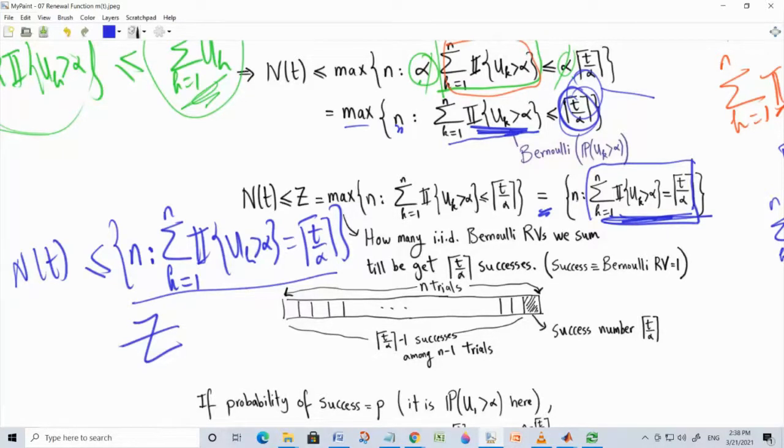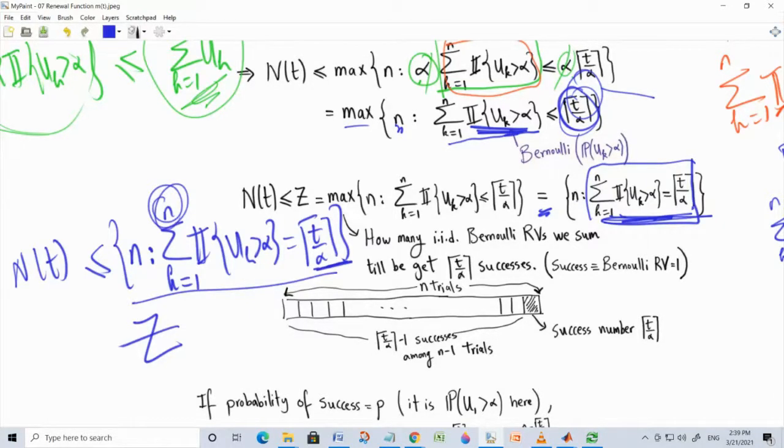Think of it like this. You have a certain target, which is the ceiling of t over alpha. You ask yourself, what is the value of N such that the sum of the indicators will make me reach this specific value?